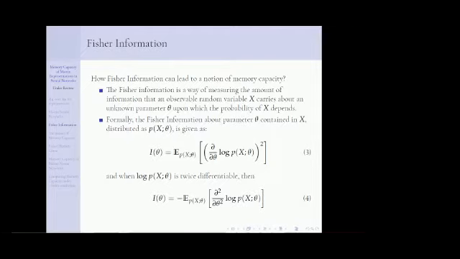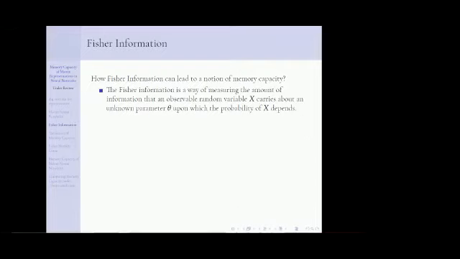So theta here is the parameters which parameterize the probability distribution. For a Gaussian distribution, you might remember that theta is a vector, mu and sigma. So how can we find the information contained in a random variable x about the unknown parameter theta?